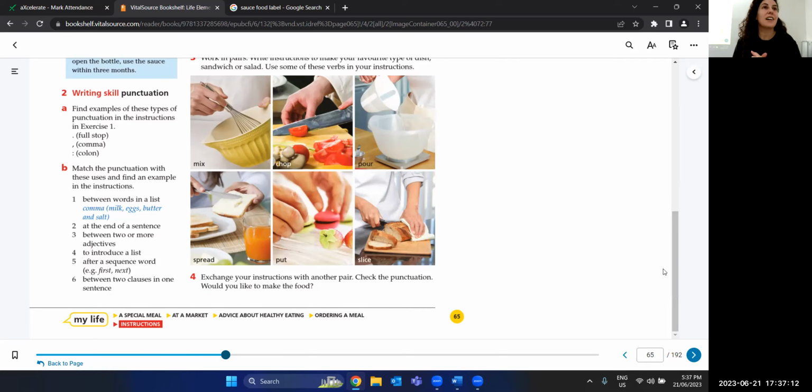So let's do some rules for when we write. So we need to follow some rules. So you've seen the past few lessons, weeks that you have been with me, I have been correcting your English, especially when you post on Padlet.